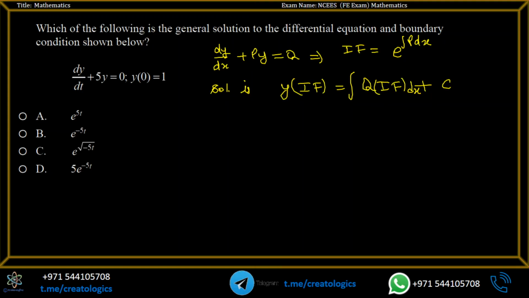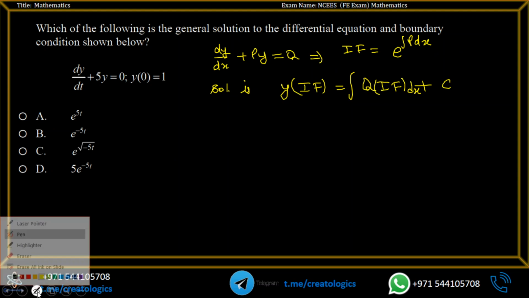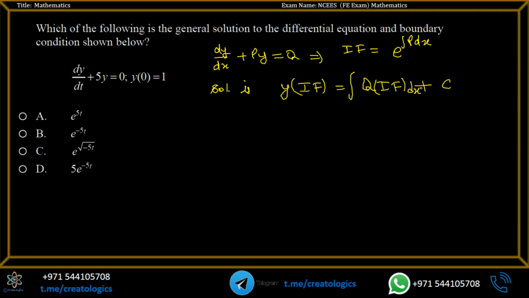Okay, so let us use this and solve our question. In our question, we will have the value of a as 5. You can just put that value, which also gives you the correct answer, or you can find the integrating factor, which comes out as e to the power integral of 5, which is nothing but 5x.